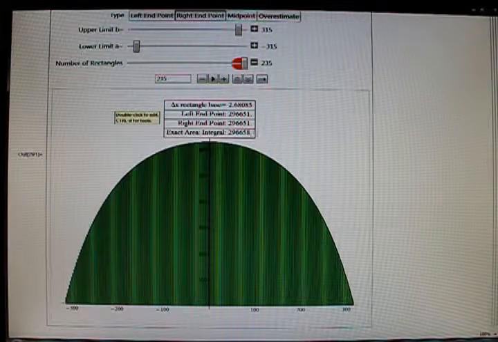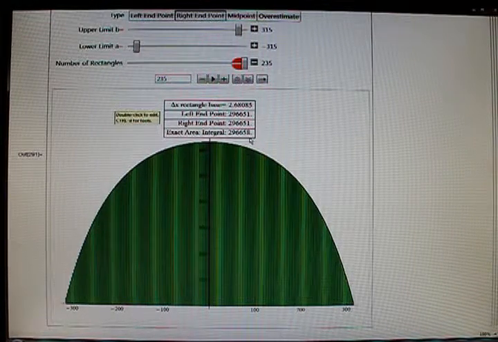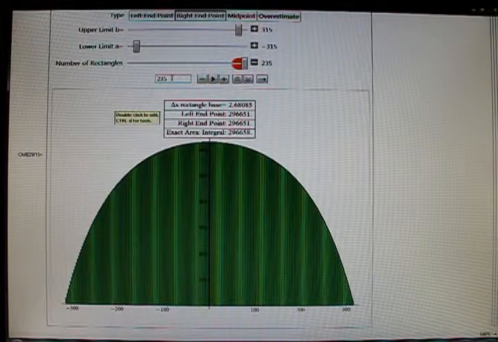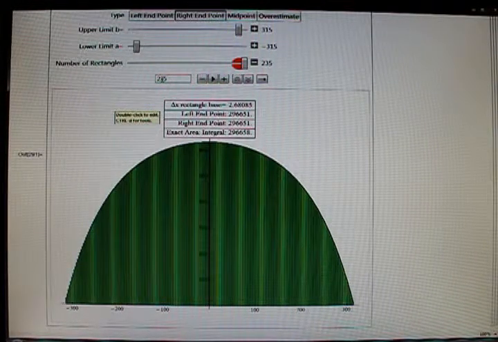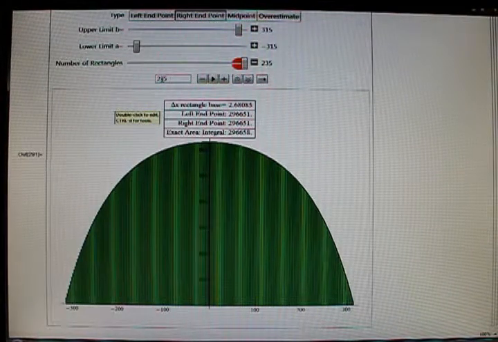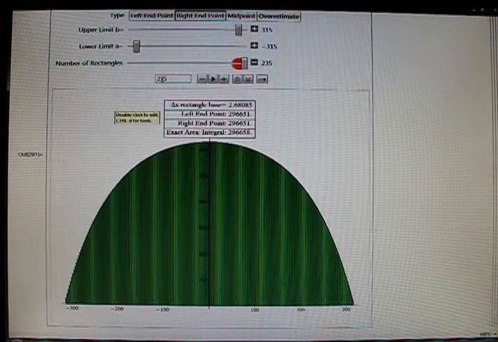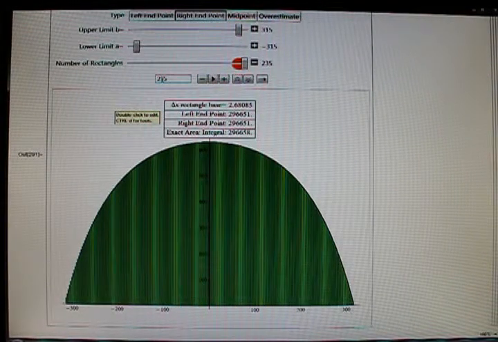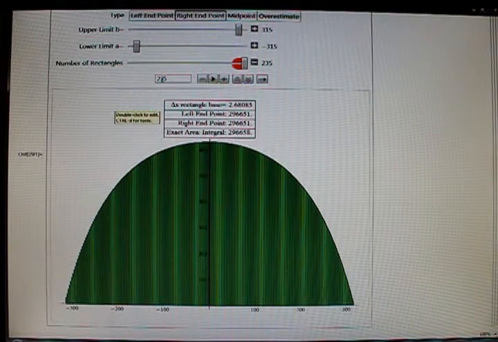We're off by a factor of 7 square feet by the computer program. So now if I were to take this 235 and make it 1,000 or 2,000 or 10,000 or 1,000,000, then I'm going to get the exact area. And the idea behind estimations is we want to take that limit to infinity and put infinite rectangles under the curve and sum those together, and that's what's going to give us the integral.